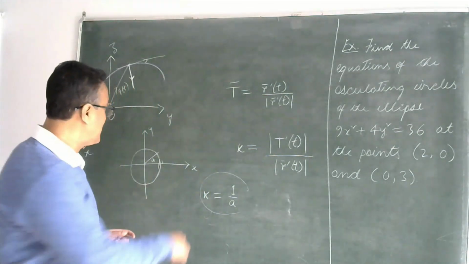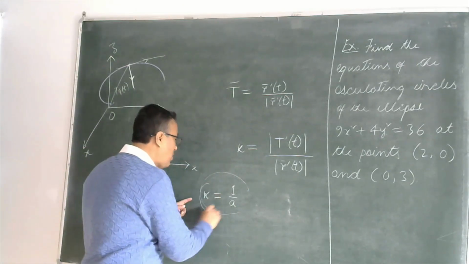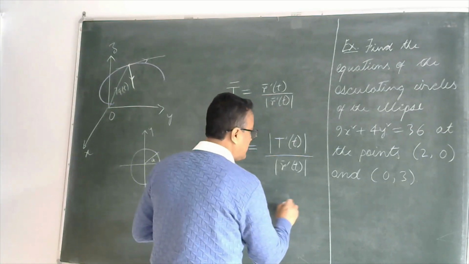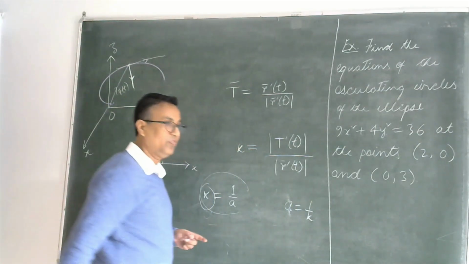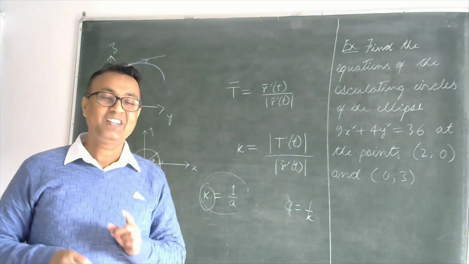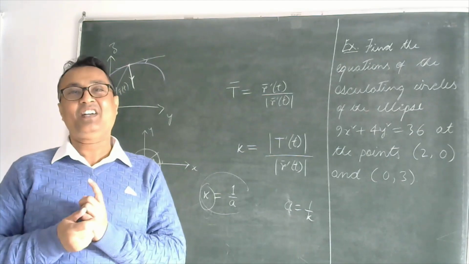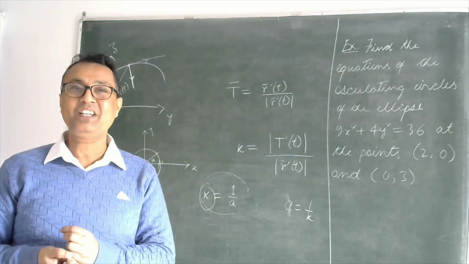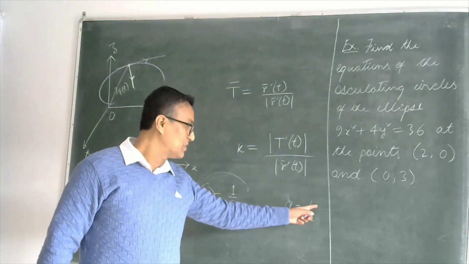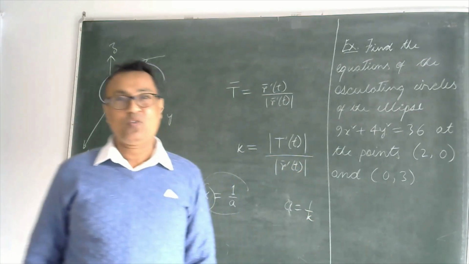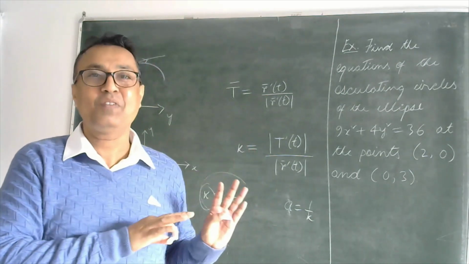Since this is always valid for a circle, from that curvature we can always find the radius to be 1 by kappa. So remember, this is for a circle, because we know that it is already a circle, that is why it has a radius. And the curvature is known, we can find the radius simply by taking its reciprocal. This is not a general concept. This is only for that particular circle.